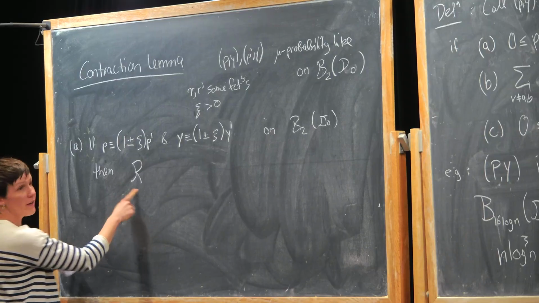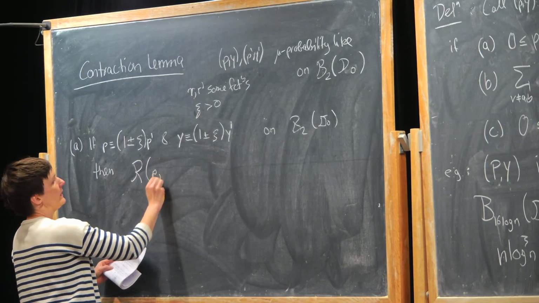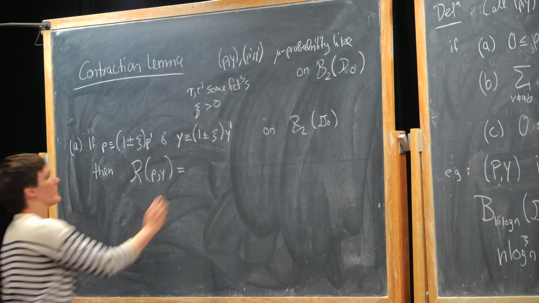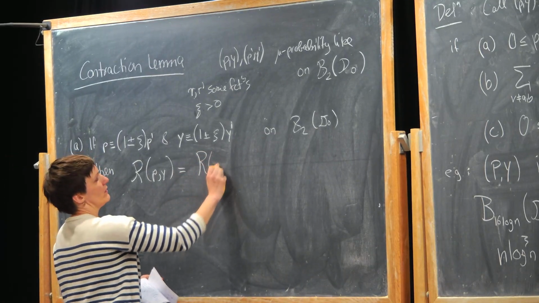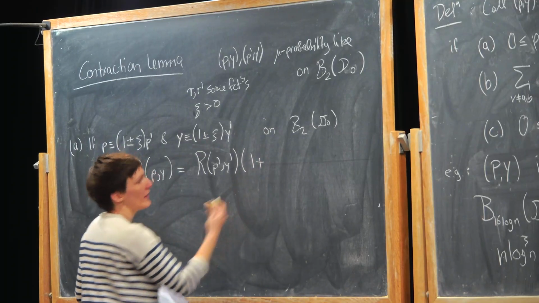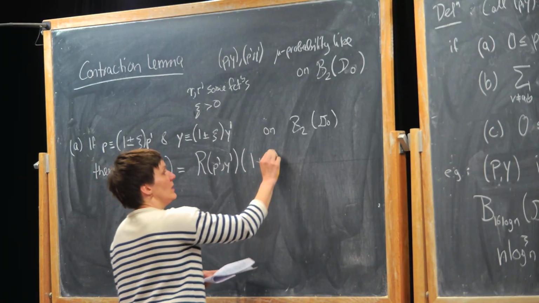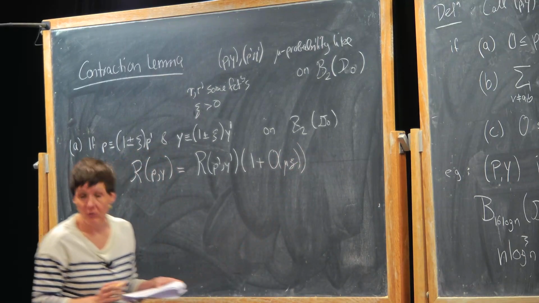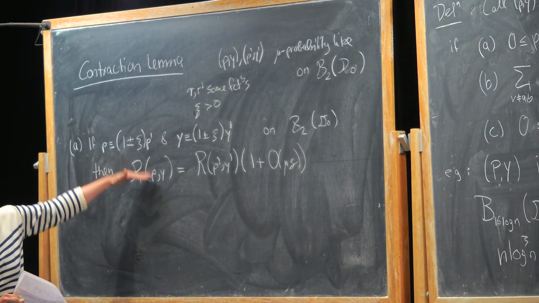if I apply the ratio operator to P and Y, then what I get is the ratio operator of P prime, Y prime times, now I get something better out, 1 plus big O of mu times psi. Okay, I will write out all of these.